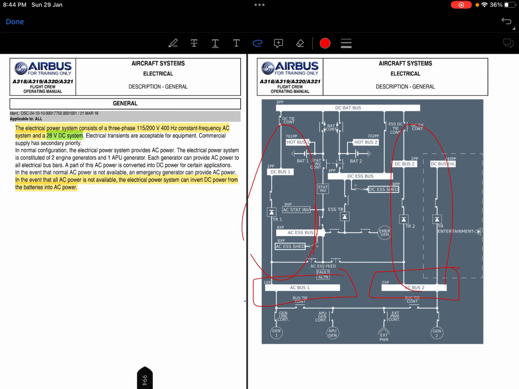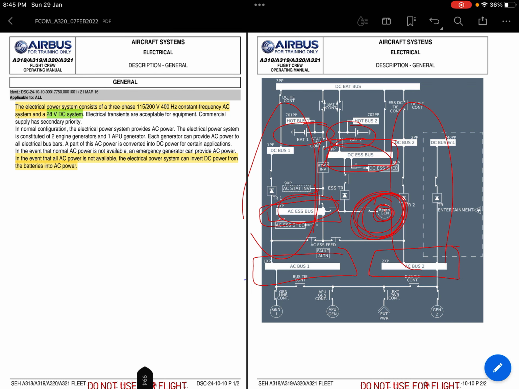So who will supply the AC essential bus and DC essential bus till the RAT has been deployed and is supplying the emergency generator through the hydraulic motor? It will take around 5 seconds or so. Till then, battery 1 and battery 2 supply the AC essential bus and DC essential bus, right? Once the RAT has been deployed and is available to power the system, the emergency generator takes over, right? It is clear now.